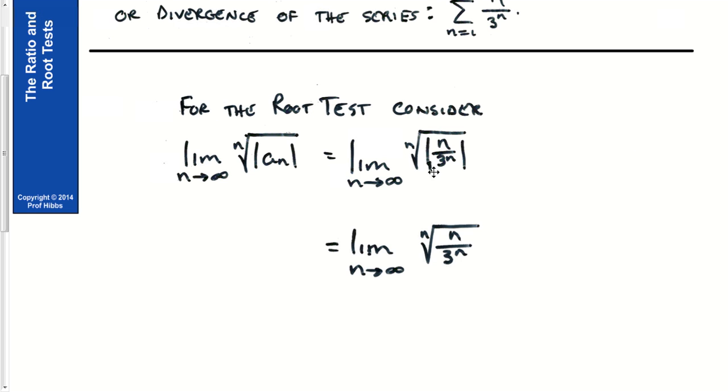Now, in this case, since n is starting at 1 and going to infinity in the original series, the only n's we're interested in are positive n's. So this is always going to be positive, and so that absolute value is of no consequence to us.